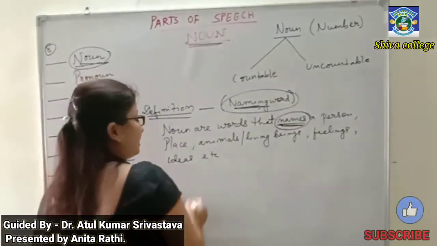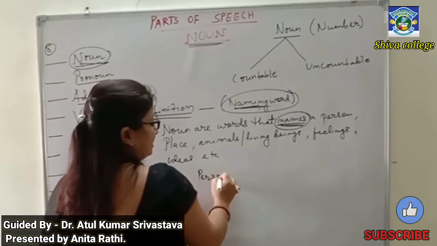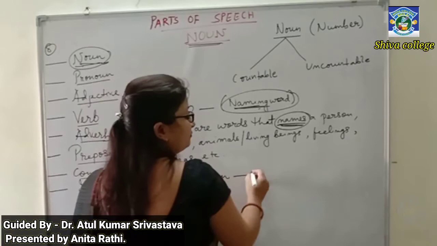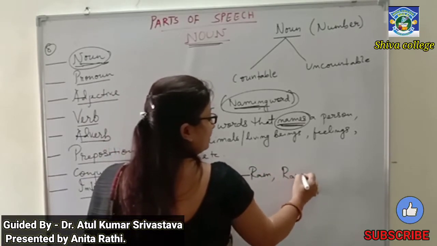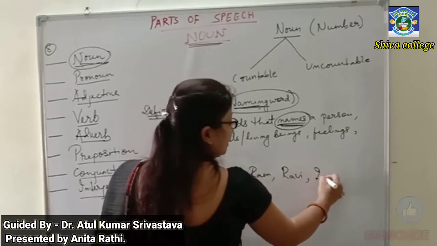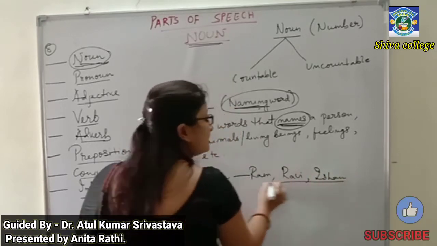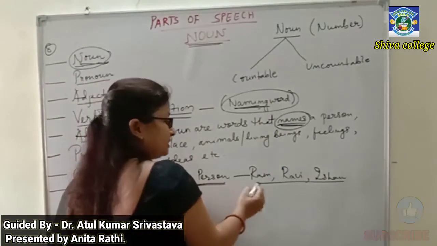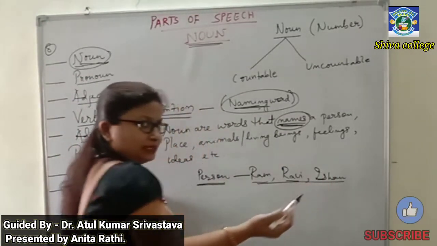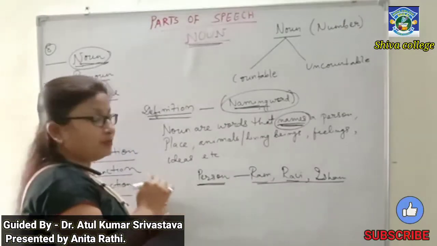For example, take a person. If we see the name of a person, you can write Ram, Ravi, Ishan. So these are the names of a person. When we are talking about the name of a person, Ram, Ravi, Ishan or any other name, these are the names of a person.